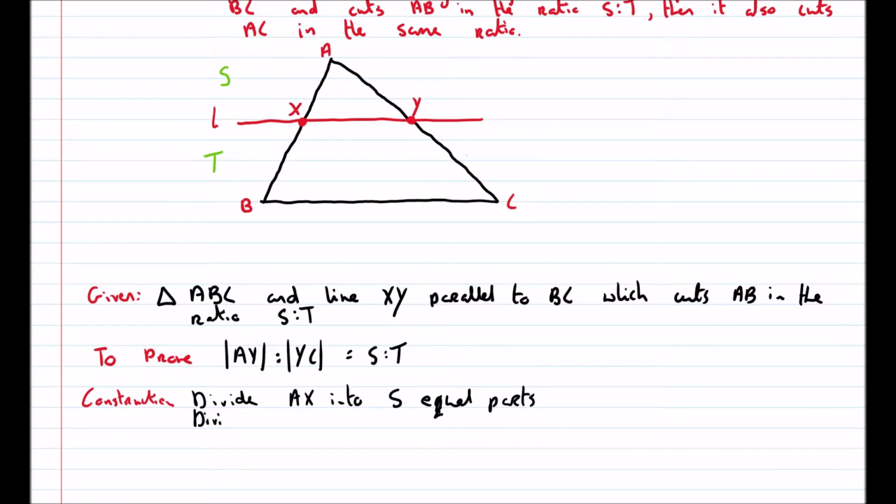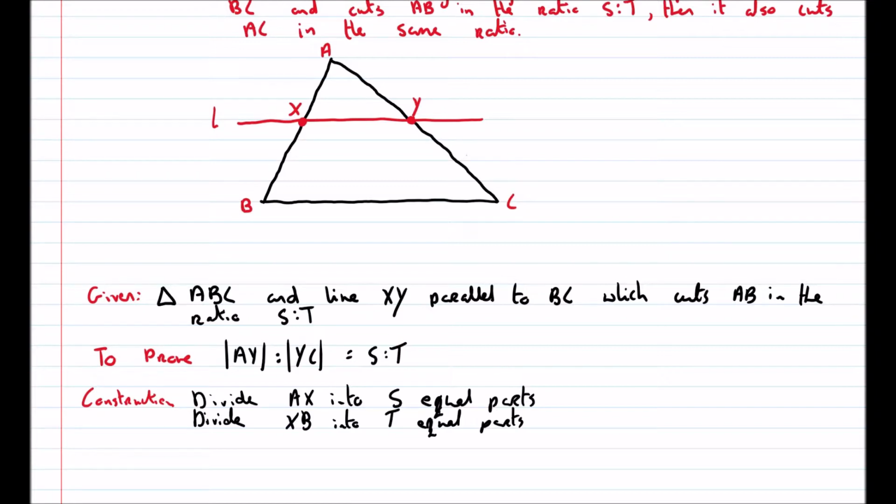And we'll also divide XB into so many parts, and we'll call that T equal parts. Okay, so I'm just going to get rid of this S and T for the meantime. Right, so I'm going to divide this bit here into S equal parts, and I'm going to divide this XB into T equal parts.